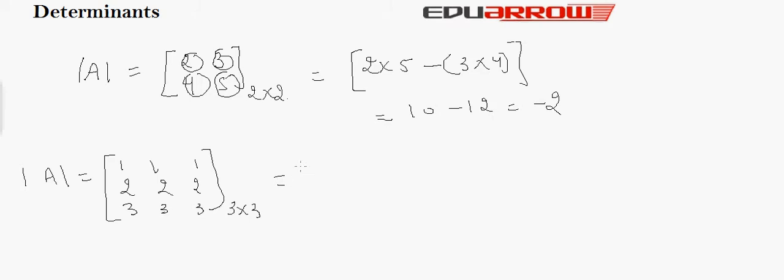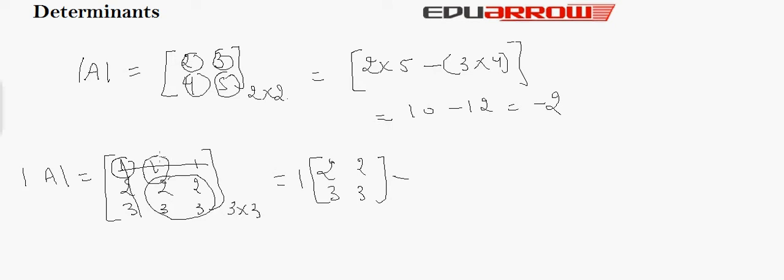So firstly we will take the intersection of this element, that will come out this 1 into the remaining matrix, 2, 2, 3, 3. Now minus the intersection of first row and second column, which will come out this element 1 and the remaining matrix. Sorry, we will do it for order 3 again.